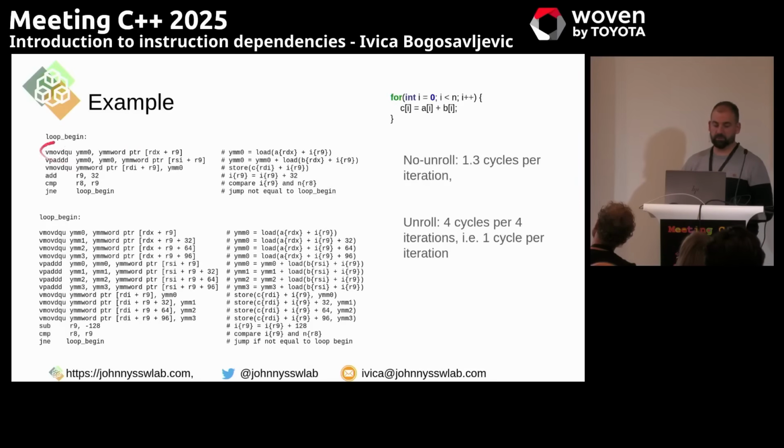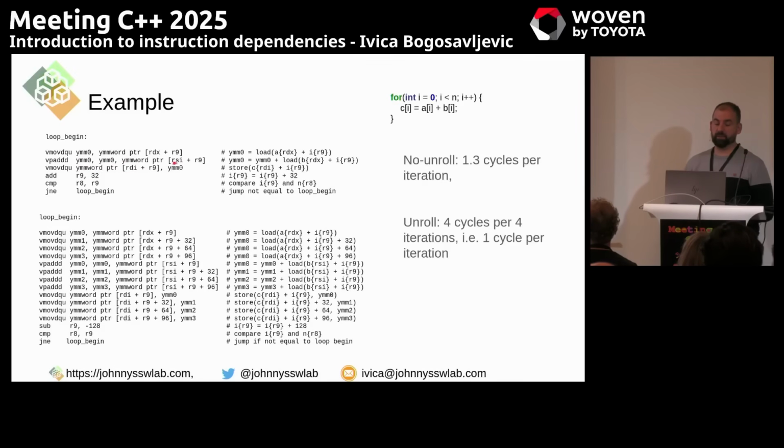So this is the first version. This vmovdqu just loads data from these memory addresses, A plus A of I, to register YMM0. Then you have this vpadd, which adds data from YMM0, and it loads other data from B of I. So this is loading of A of I, and this is loading of B of I and adding it to a register, to A of I. And the third instruction is the store instruction.